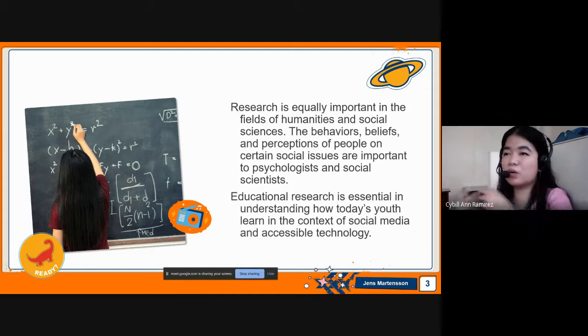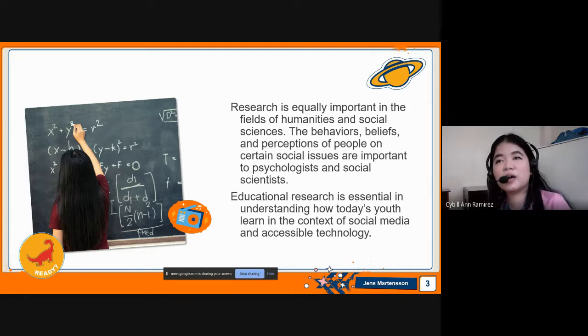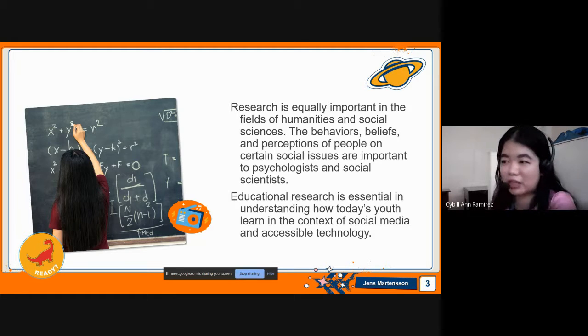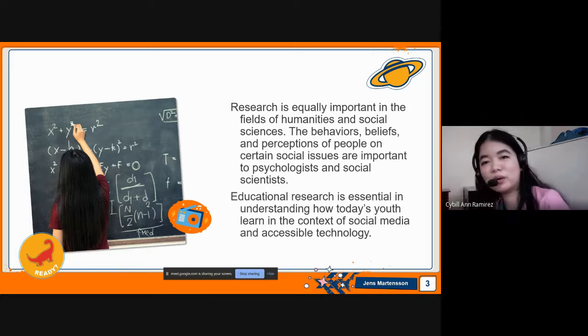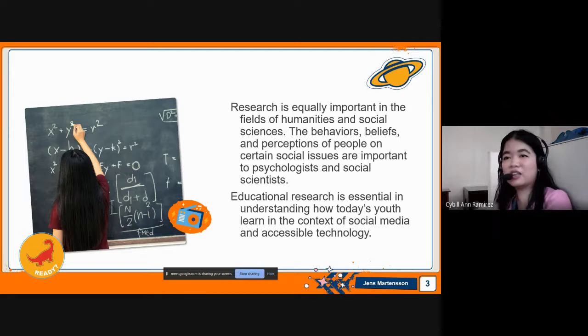So qualitative doesn't make use of statistical data or numerical data, no, statistical treatment and numerical data. Qualitative is more on, you know, like for example, I have 10 participants here. I'm going to interview them one by one. What is their perception on this issue, on this topic? Then I'm gonna write it down.